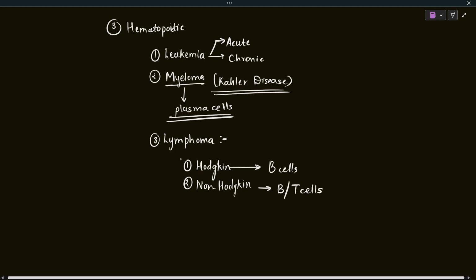Hodgkin lymphoma is characterized by the presence of certain cells known as Reed-Sternberg cells, identified by the scientists Reed and Sternberg. They identified certain cells which were multinucleated and large, with some unusual immunophenotype, and this is the characteristic of Hodgkin lymphoma. So Hodgkin lymphoma has Reed-Sternberg cells.